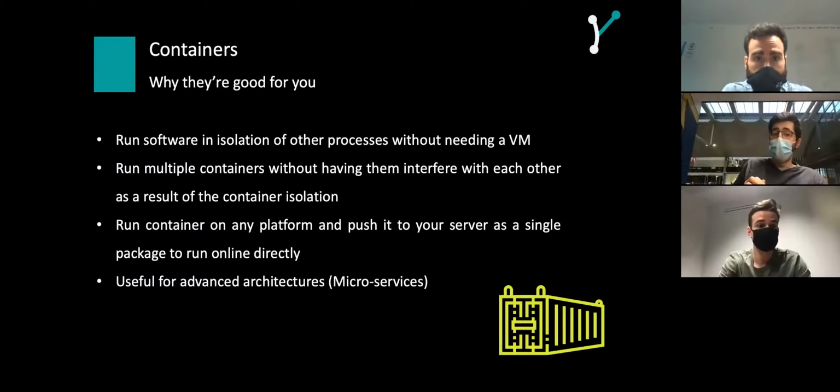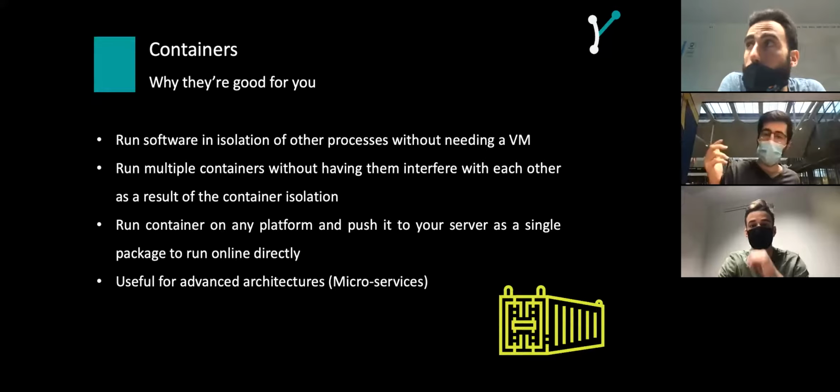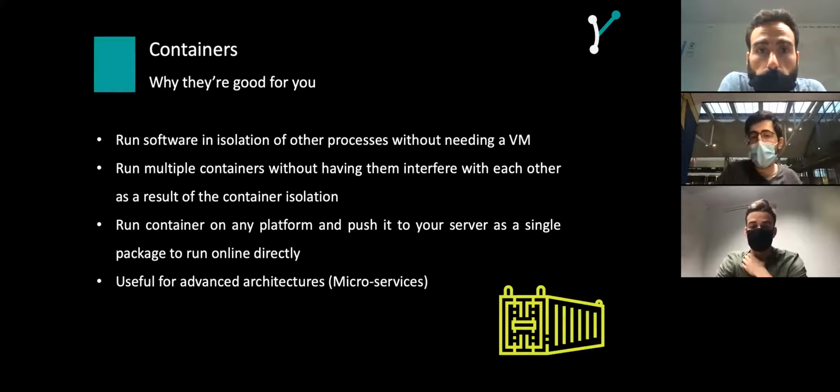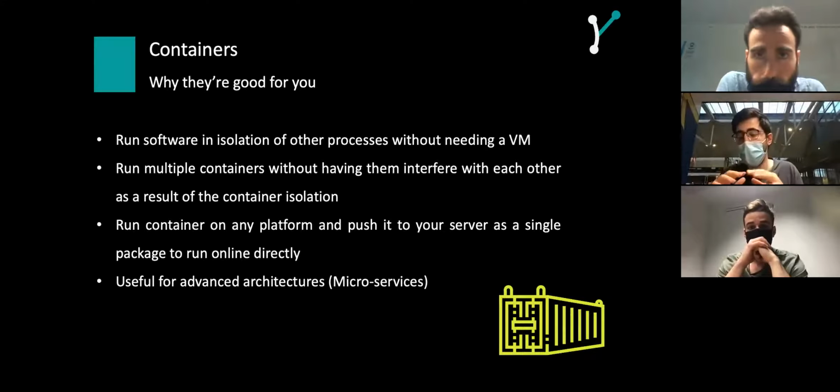Now, we reach the point of talking about containers. Before we mention why they're good, we probably want to introduce them a bit and quickly say what they are. Think of containers as boxes that isolate your processes or your programs, allowing them to run separately from everything around them, so that if you have multiple programs or processes, they do not interfere with each other.